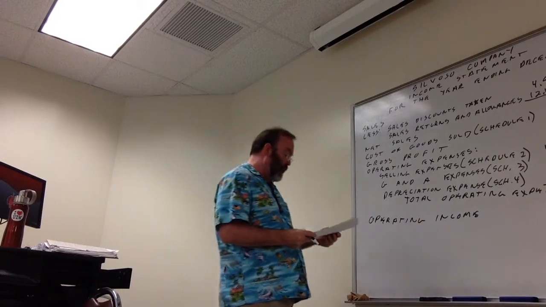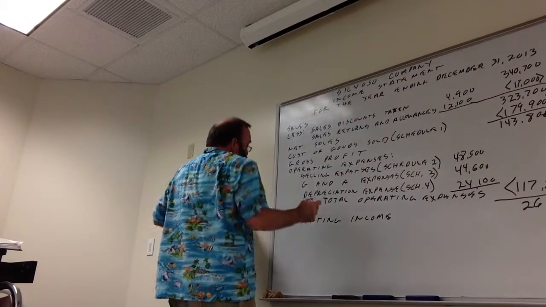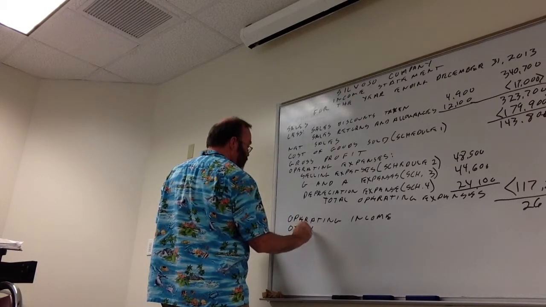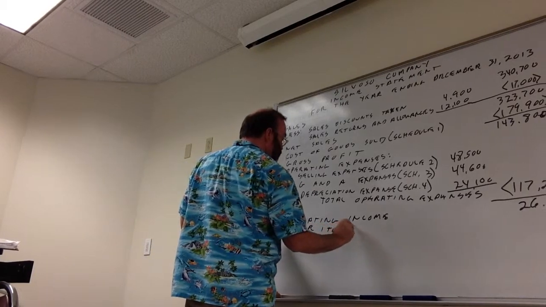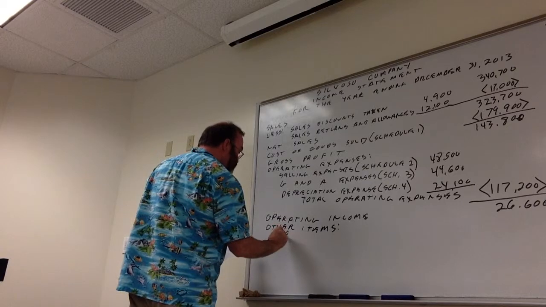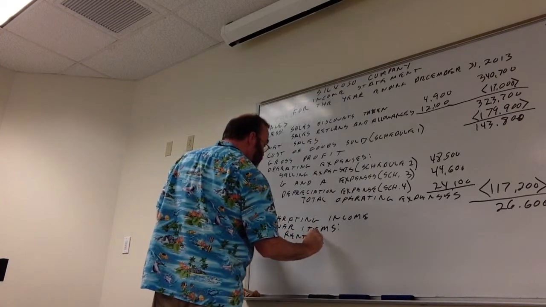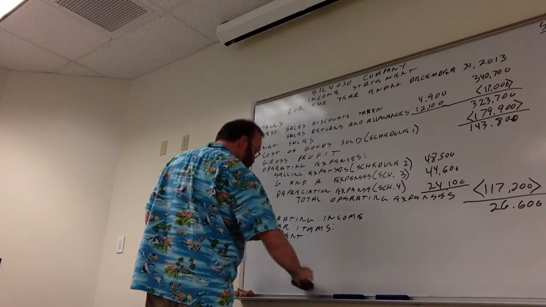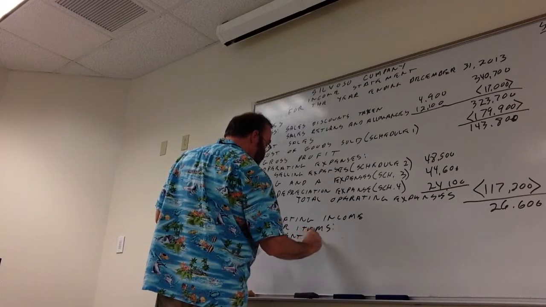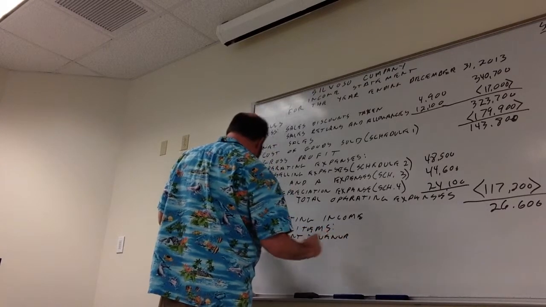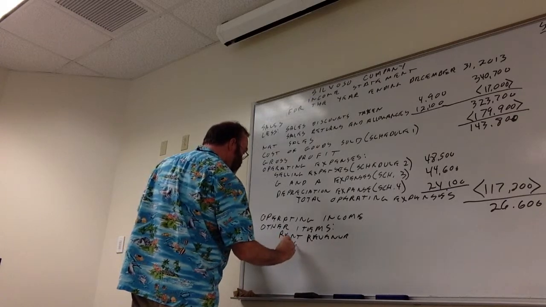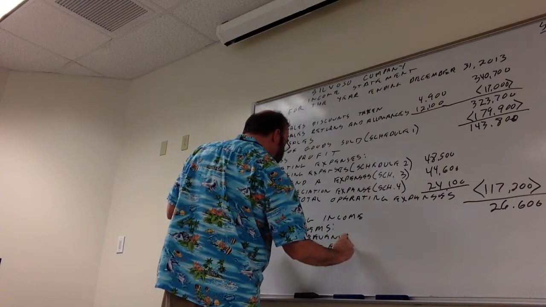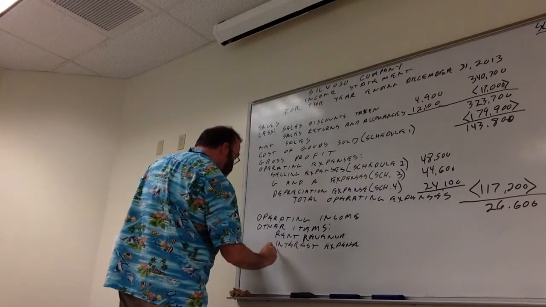From this, we're going to subtract other items. Subtract or add, depending upon whether it's positive or negative. Rent revenue, I'm sorry, rent revenue, not rent expense. Interest expense. And a loss on sale of office equipment.